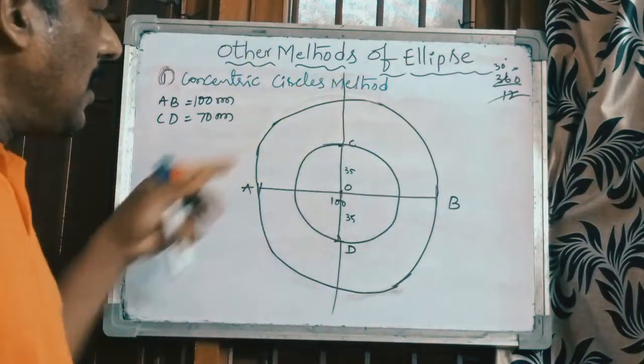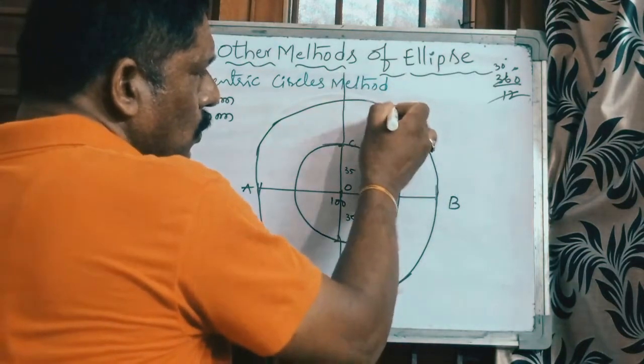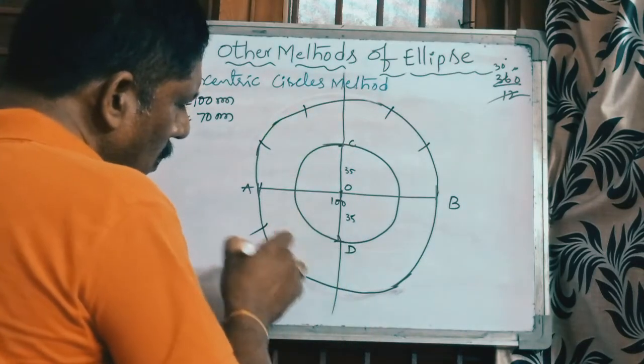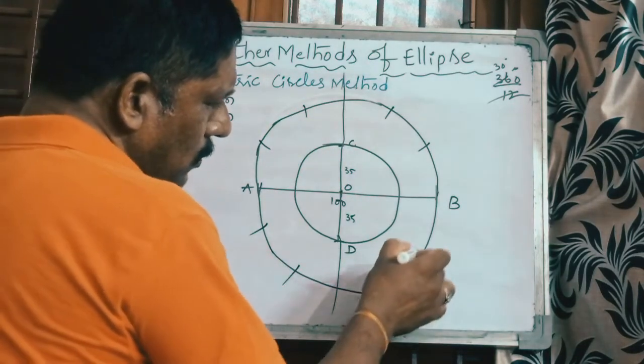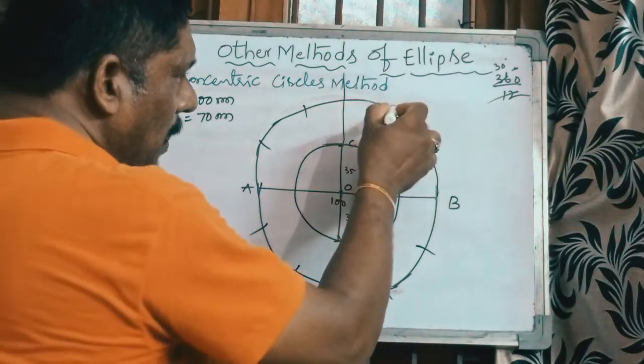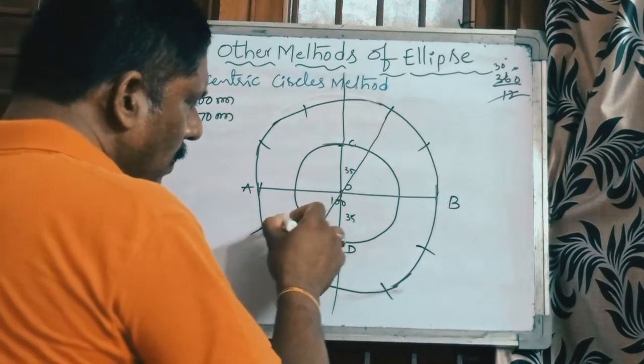So total 90 degrees, you will get 3 parts here: 1, 2 and 3. Here also 1, 2 and 3, and in the other quadrants also 1, 2 and 3. Total 12 parts you will get. Join all these points through the center point, extending the line from the center point.